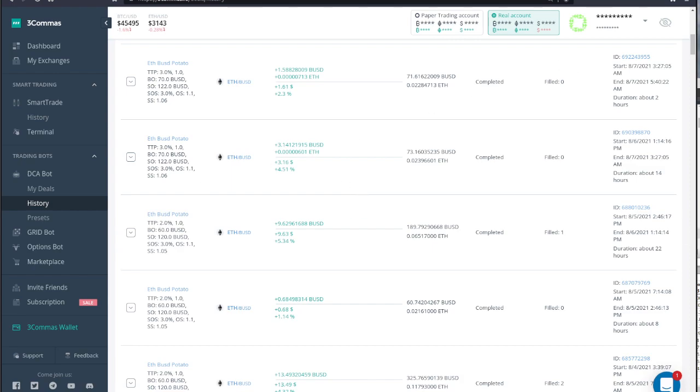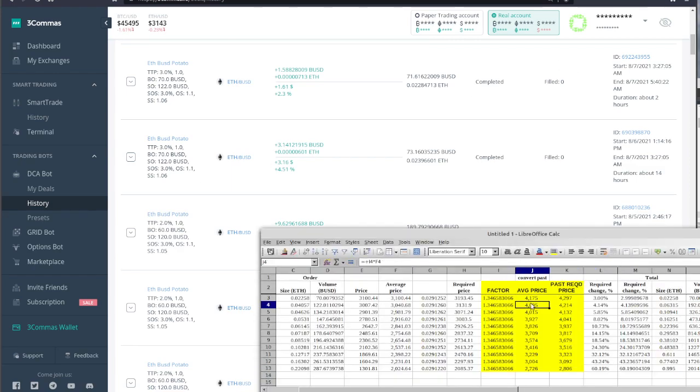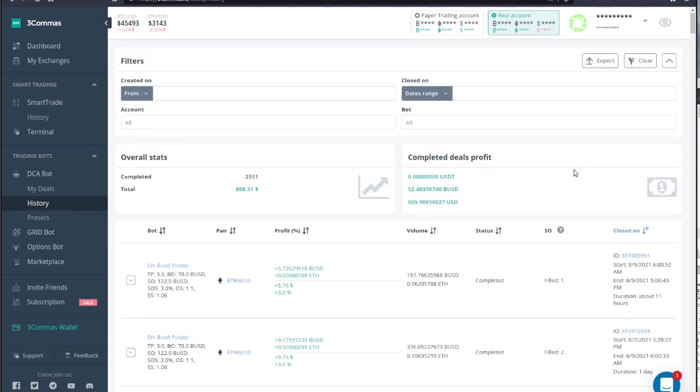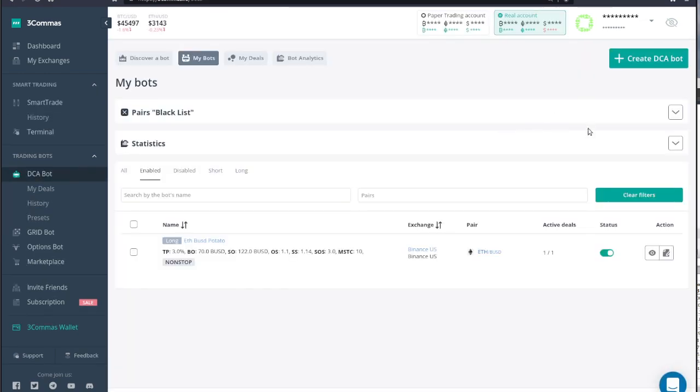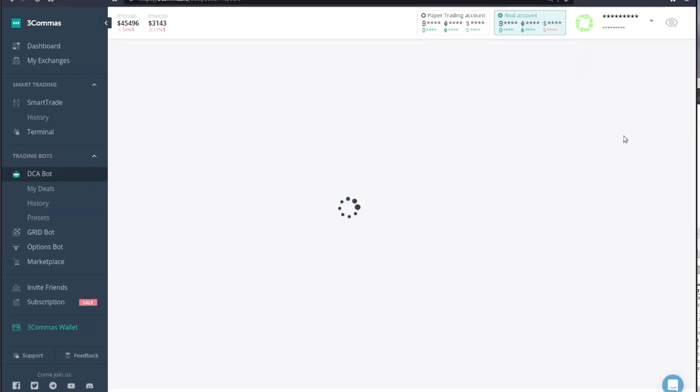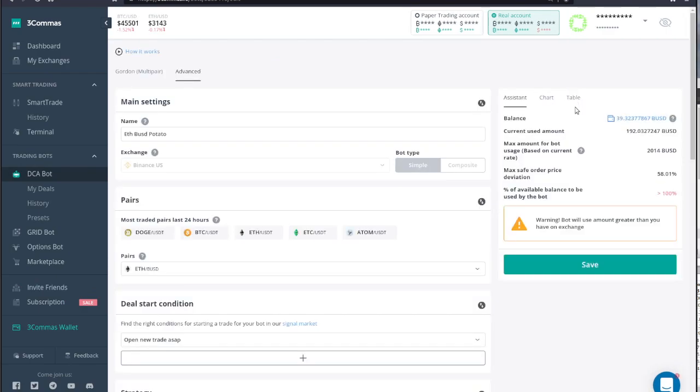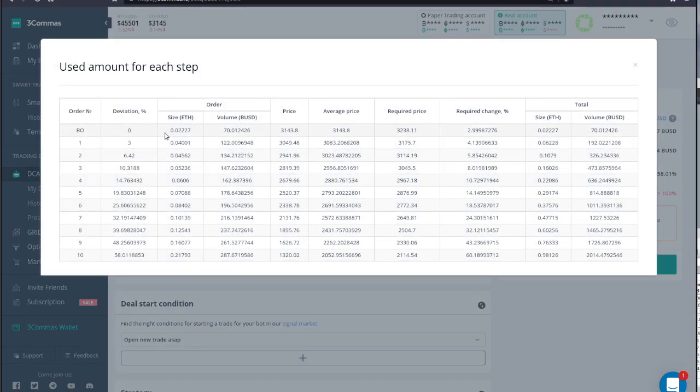So then I plugged in this worst case scenario. I basically converted the current prices, which are on this table. When you look at this table here, you will see this table is based on the current prices of 3143. So I copied this whole table.